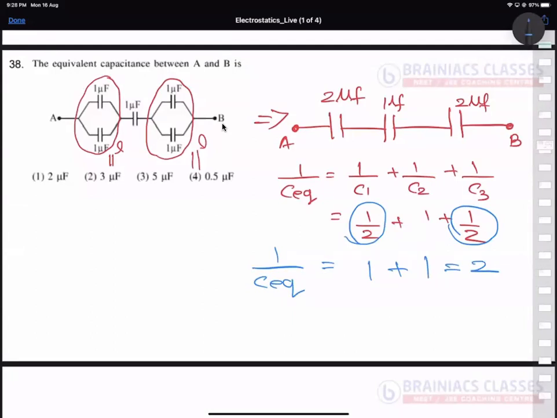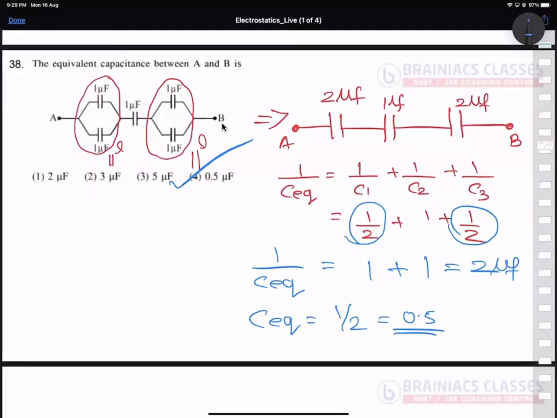1 by C equivalent is equal to 2 means the reverse will come. So C equivalent equal to the reverse, 1 by 2, which is equal to 0.5. Never answer 2. 2 microfarad is not the correct answer. 0.5 microfarad is the correct answer. And the immediate answer 2 is a high chance, and that option is there to make you get the wrong answer.